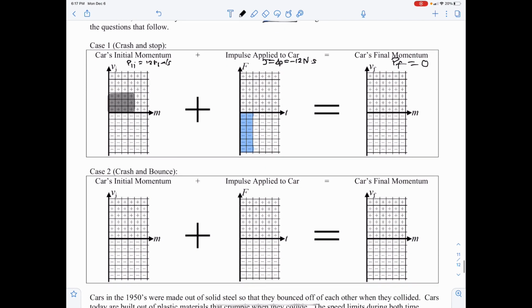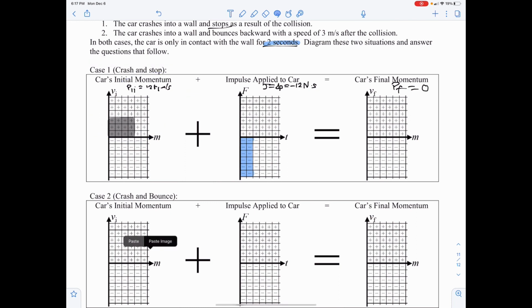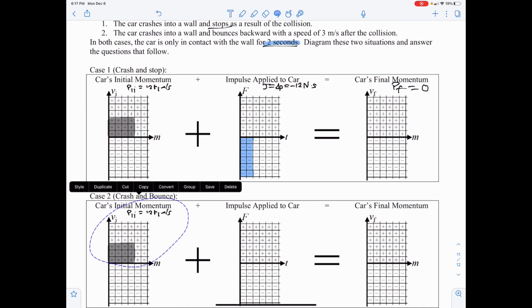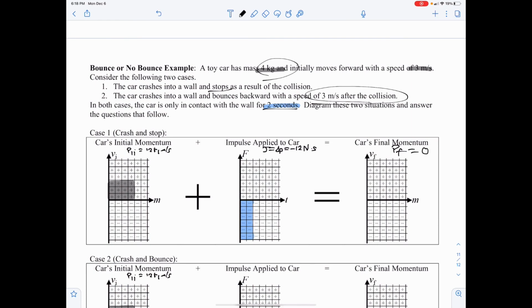Now, in the second example, crash and bounce, we start the same initial quantity that we did before, like that. But this time, the car is going 3 meters per second. The car was, keep in mind, 4 kilograms.